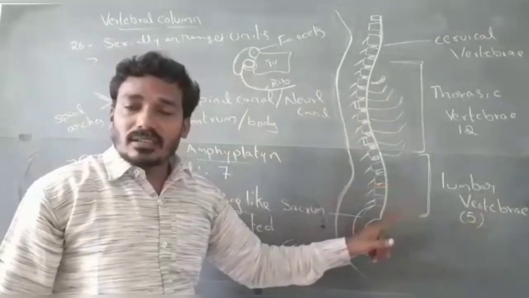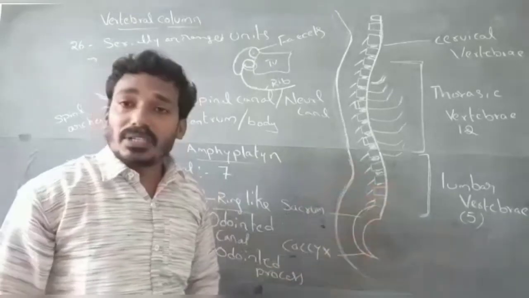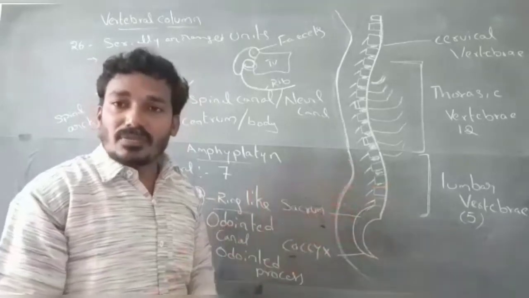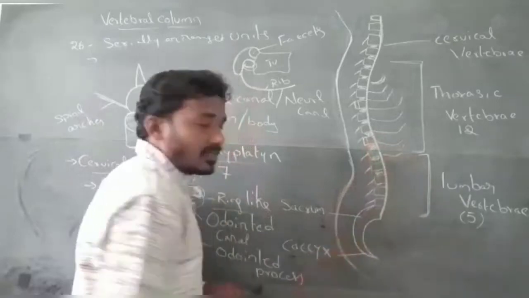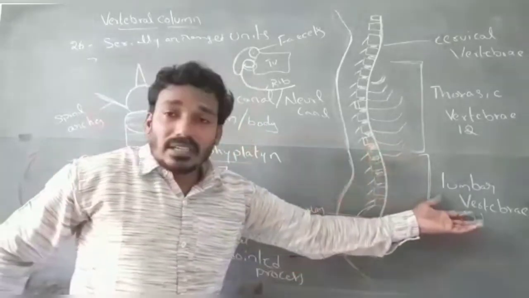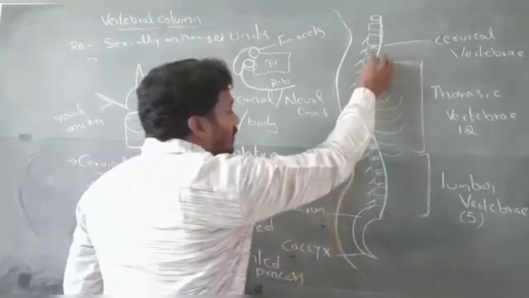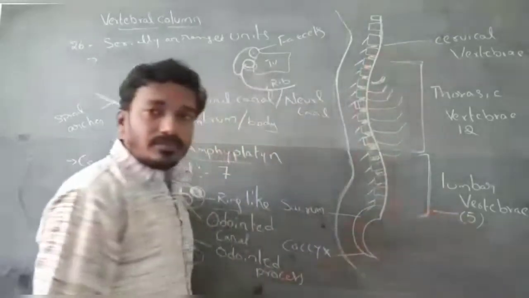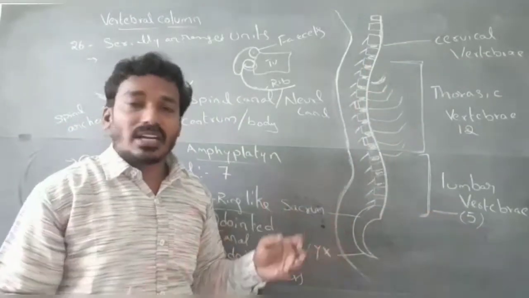Lumbar vertebrae are the largest and strongest vertebrae, because strong back muscles are attached to the lumbar vertebrae. The weight bearing vertebrae are the lumbar vertebrae.